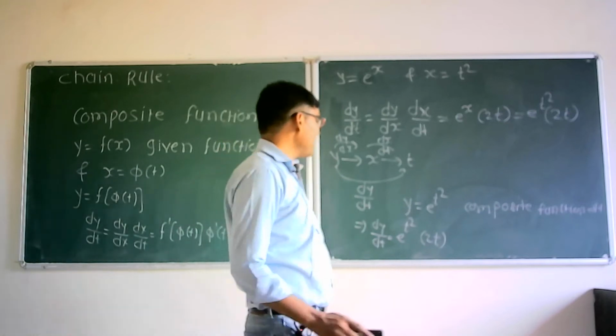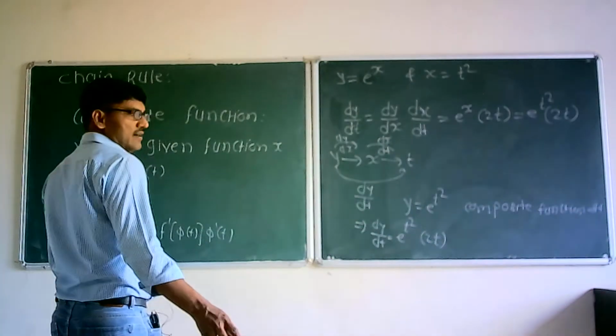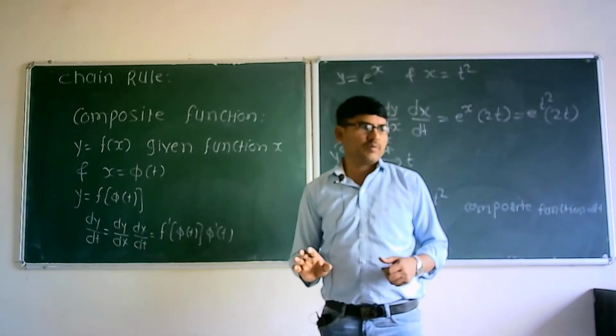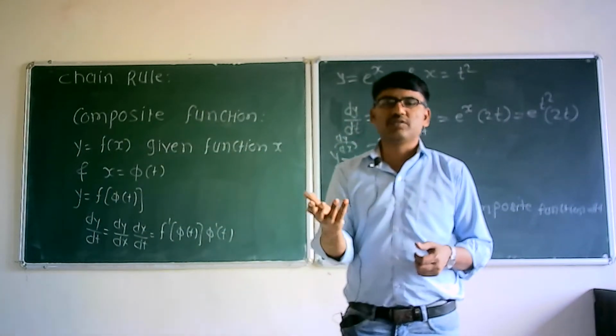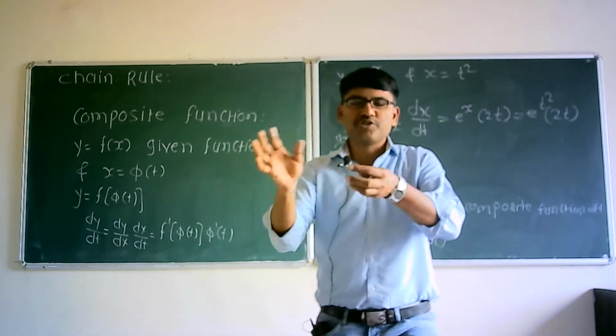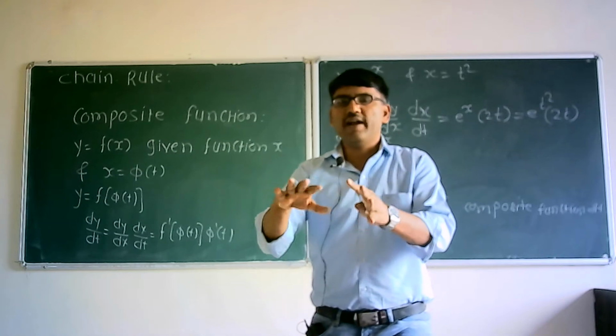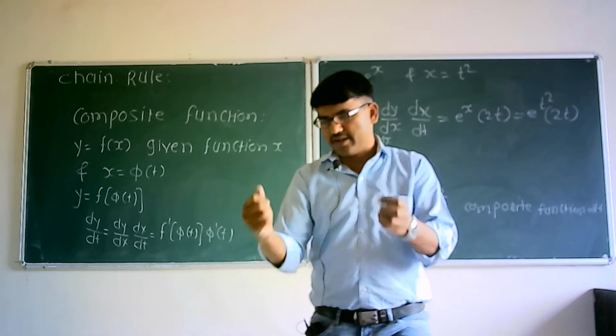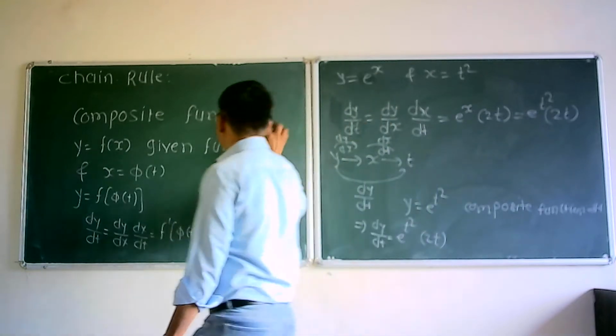All this relates to a single variable, and today we are going to discuss how to find a composite function for two variables, and from that how to evaluate the derivative by using the chain rule.